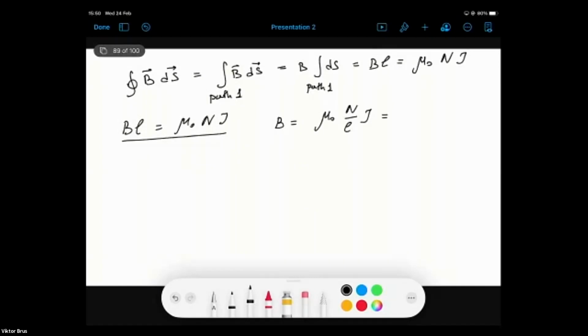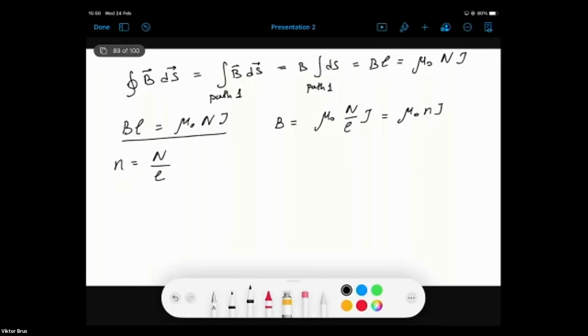And this can be written as mu naught times n I, where this n is equal to the total number of turns divided by the length of the side of this closed loop, like side 1.